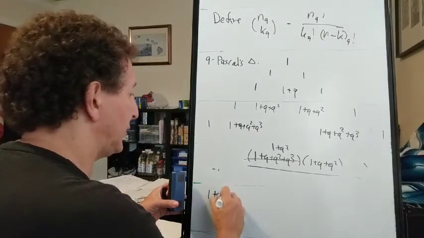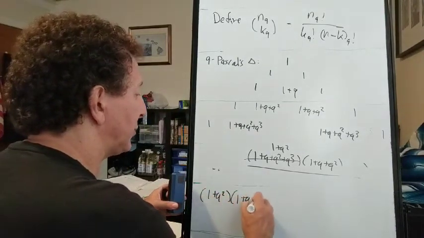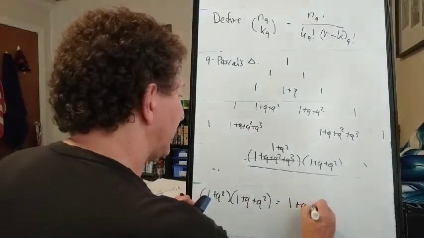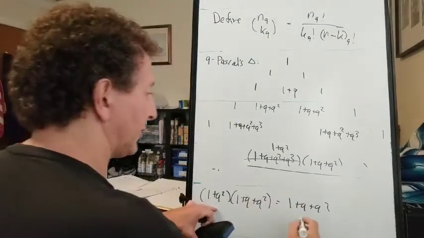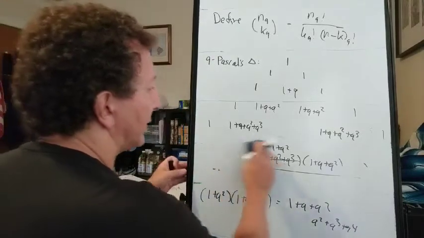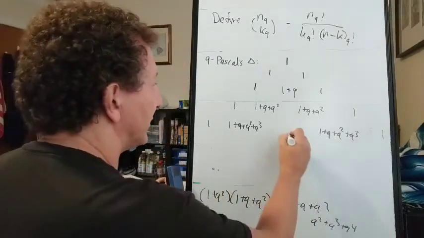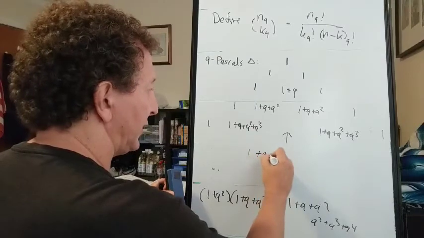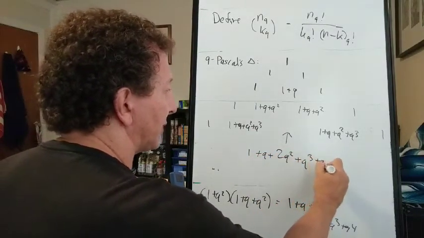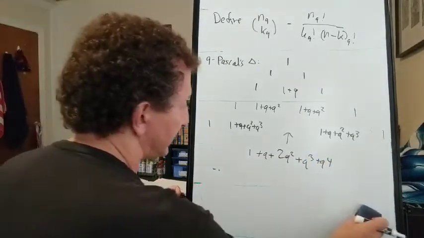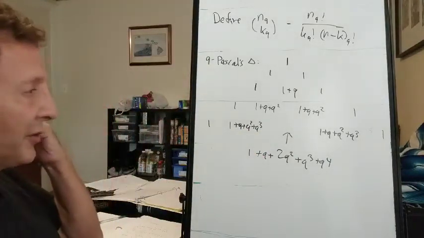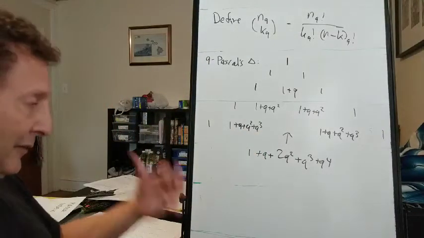So 1 plus q squared times 1 plus q squared equals 1 plus q squared times all of this, 1 plus q squared plus q cubed plus q to the fourth. So this is 1 plus q plus 2q squared plus q cubed plus q to the fourth. So this is the first entry of Pascal's triangle that isn't equal to just the q analog of an integer.